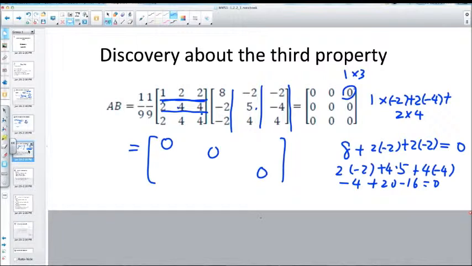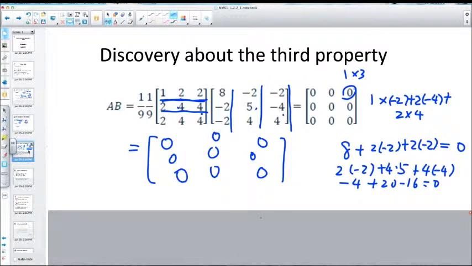Wait a moment. 1 times -2, 2 times -4, and 2 times 4. I need to check that. It's supposed to be also 0, unless I made some typo. Anyway, each of these is a non-zero matrix, but when you multiply them, you get identically 0.